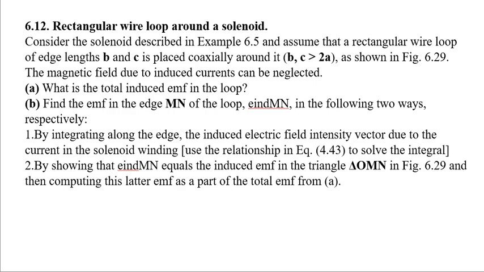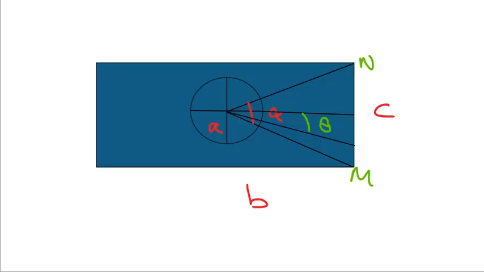the EMF at MN equals the induced EMF of the triangle OMN. This is going to be O, you just write down here before we forget. So this here is O in the center.